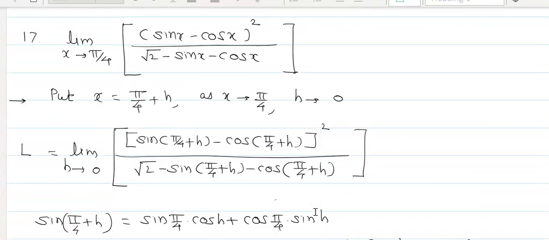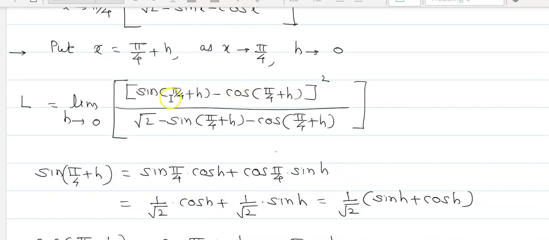Now again see this. Here is (sin x minus cos x) whole square upon root 2 minus (sin x plus cos x). Put x equals pi by 4 plus h. As x tends to pi by 4, h tends to 0. Therefore, limit h tends to 0, (sin of pi by 4 plus h minus cos of pi by 4 plus h) whole square upon root 2 minus (sin of pi by 4 plus h plus cos of pi by 4 plus h).